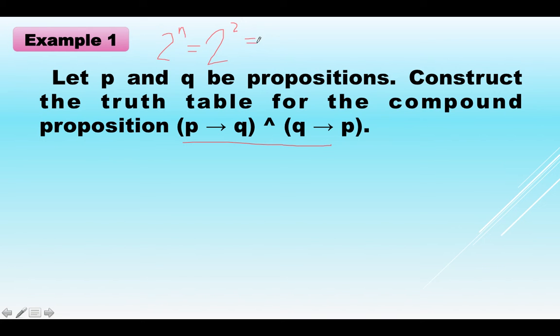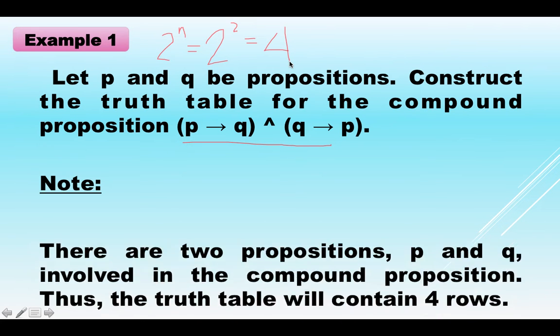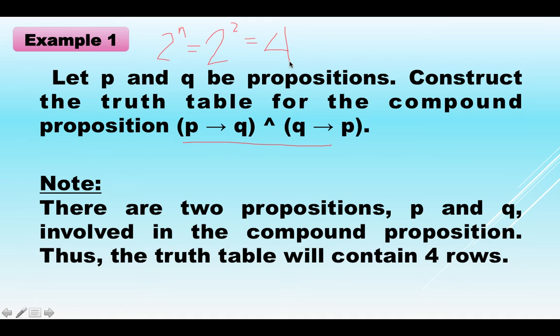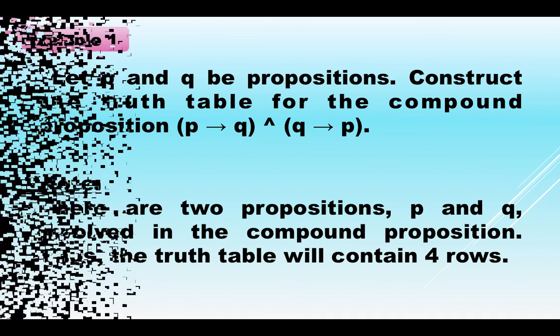Therefore, you should have 4 truth values. So we have 2 true and 2 false in the table, or 4 rows in the table. Note there are 2 propositions P and Q involved in the compound proposition. Thus, the truth table will contain 4 rows.